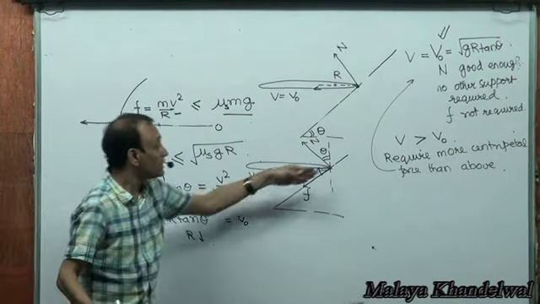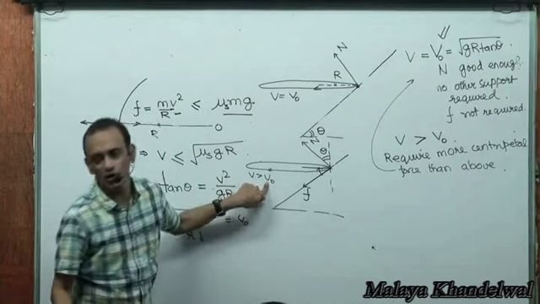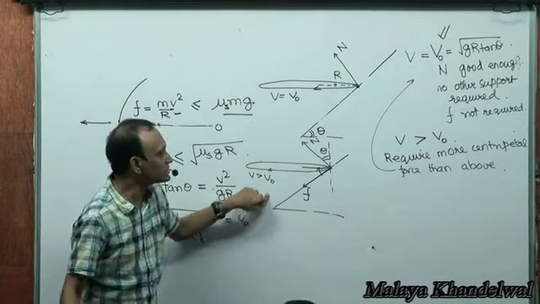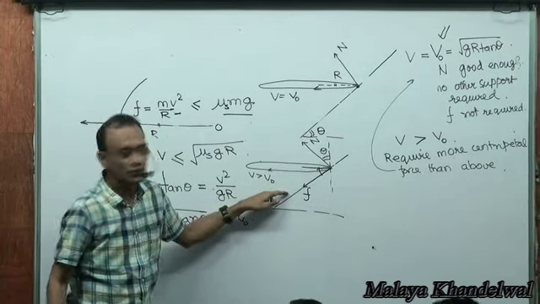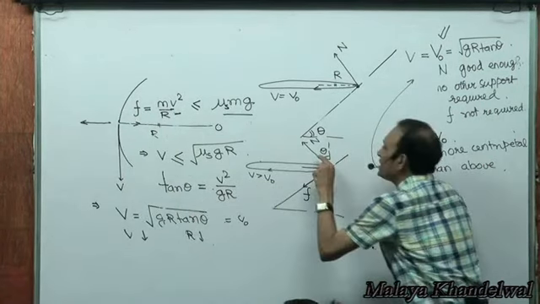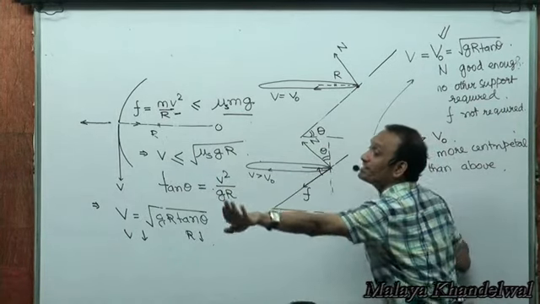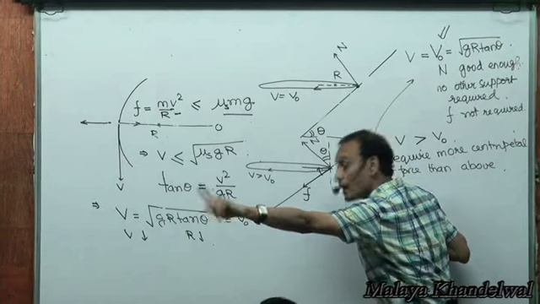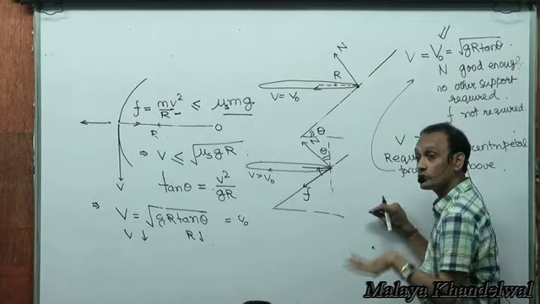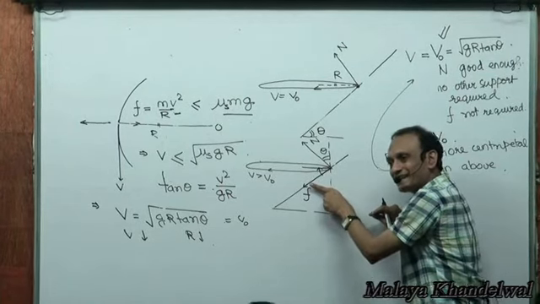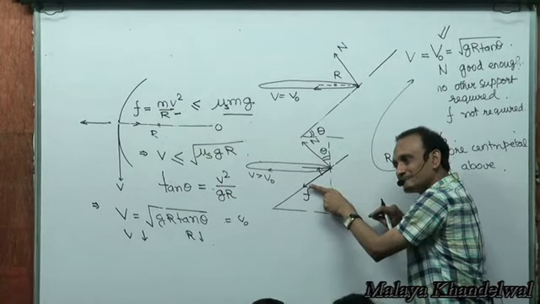That means if you want to move with a velocity more than v naught, friction acts downwards so that it has a radial component which augments the radial component of N and provides the required centripetal force. Are you able to understand everything that I'm saying? So if v is more than v naught, friction will act down this incline, right?